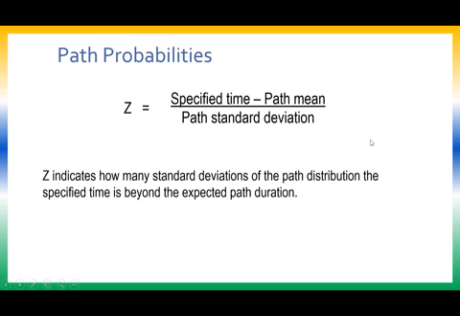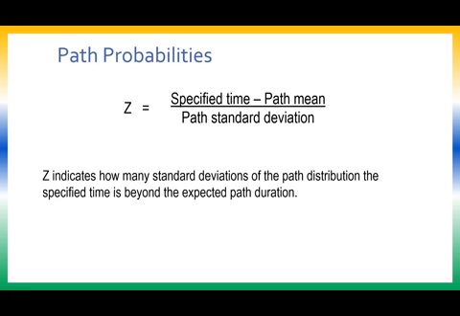Then we are supposed to find out the probabilities as well, right? So for finding the probabilities, we make use of one more formula, which is Z equals specified time minus path mean. Path mean is nothing but your expected project duration, right? The expected project duration, we term it as path mean.